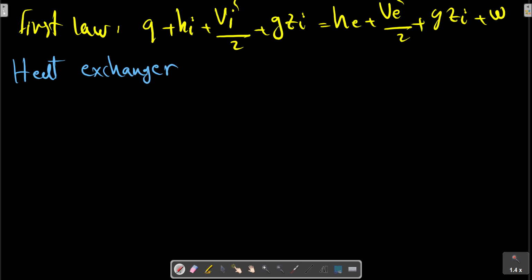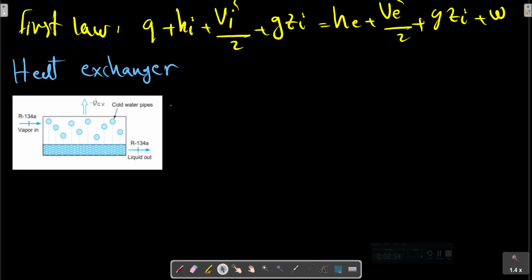Heat exchanger as an example of a steady state device and control volume with one flow entering and one flow leaving the control volume, shown in this picture.